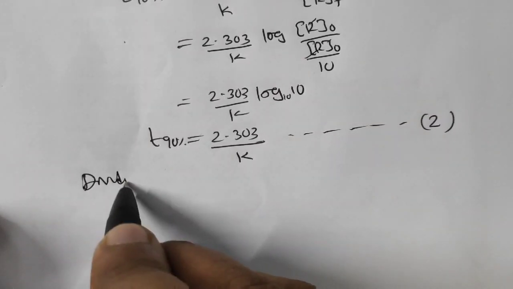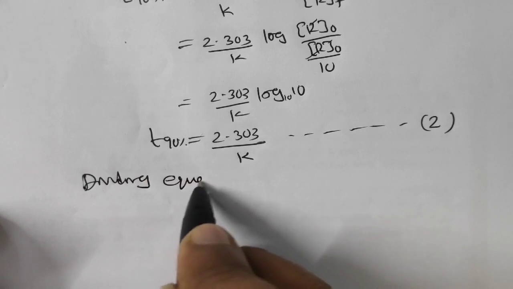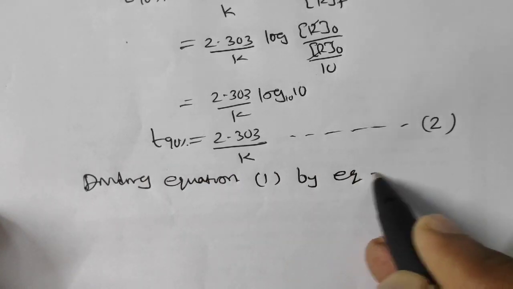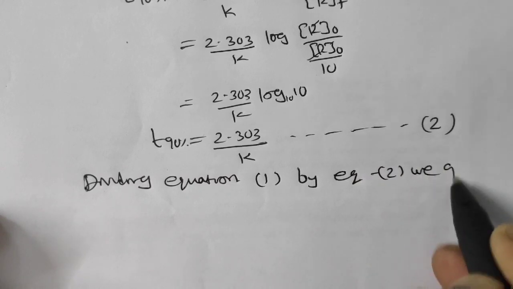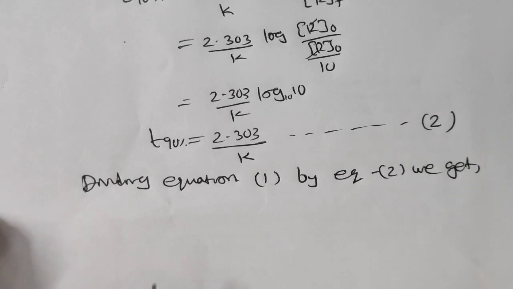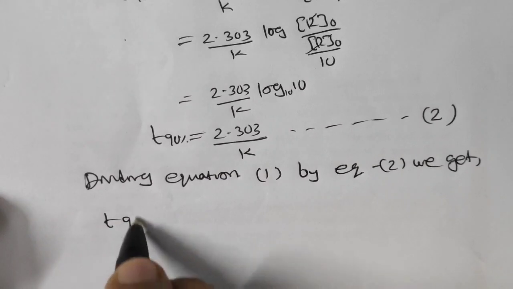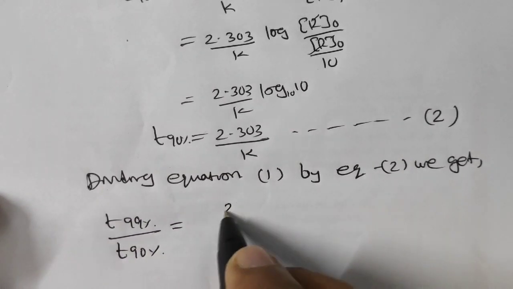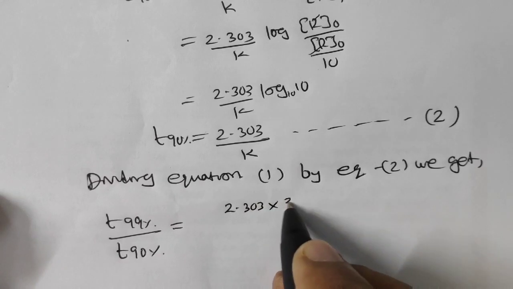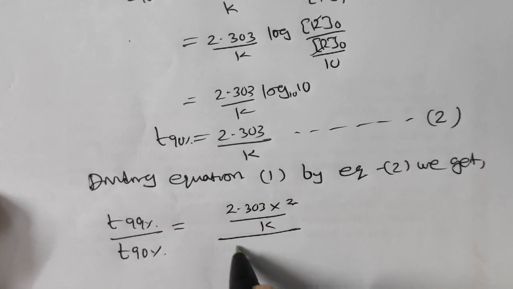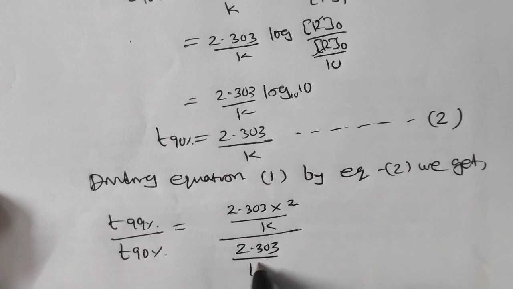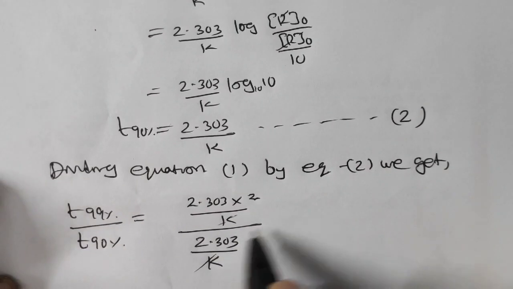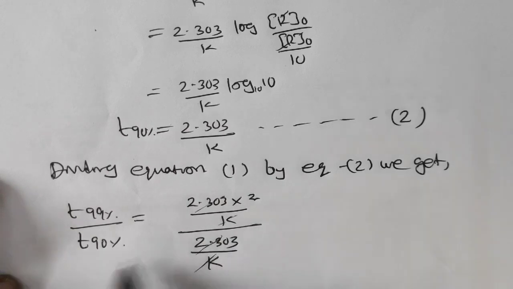Now dividing equation 1 by equation 2, we get what? That is t99% divided by t90% is equal to 2.303 into 2 by K, whole upon 2.303 by K. So this K will get cancelled, and this 2.303 also will get cancelled.